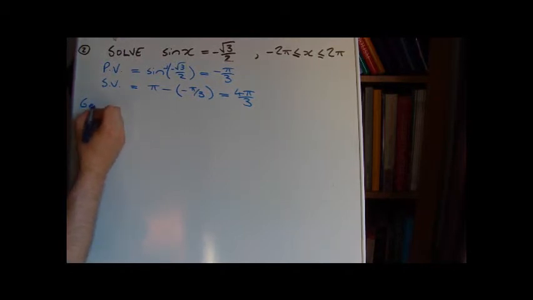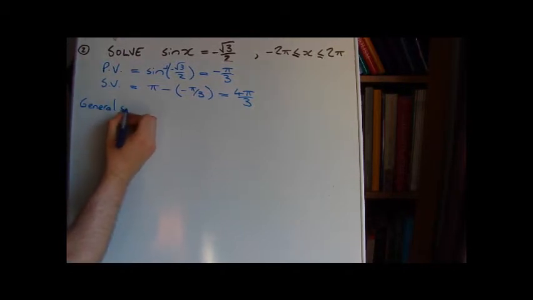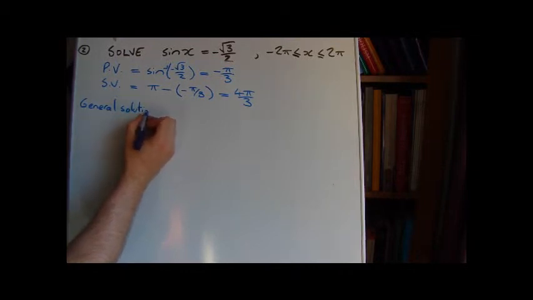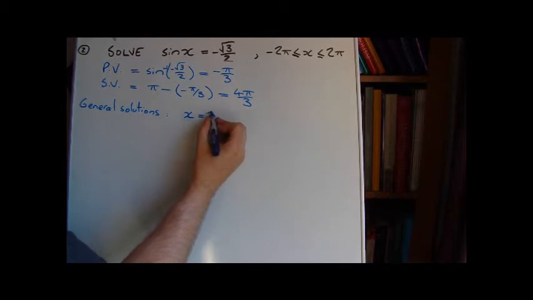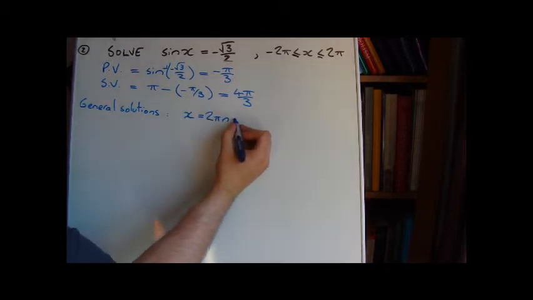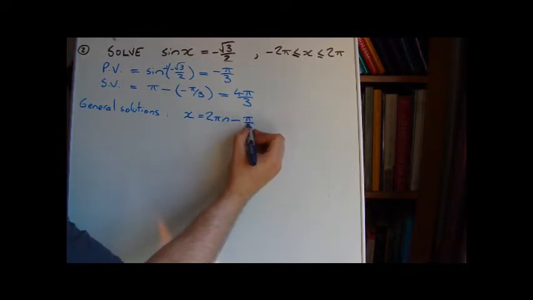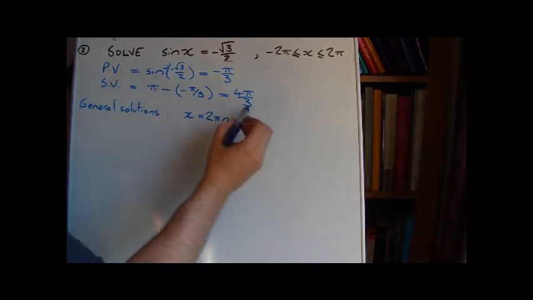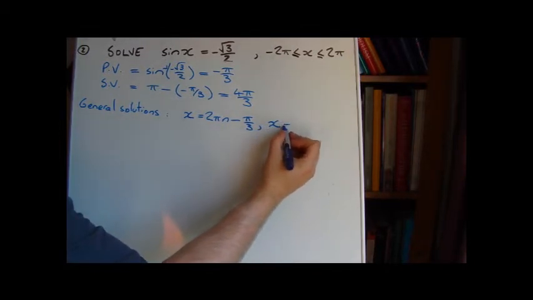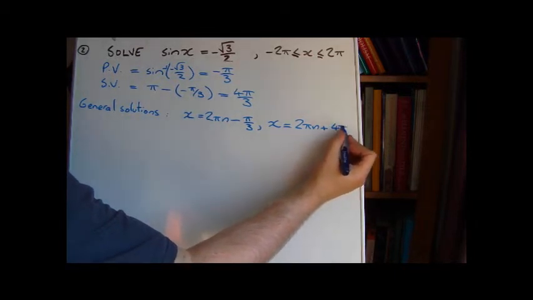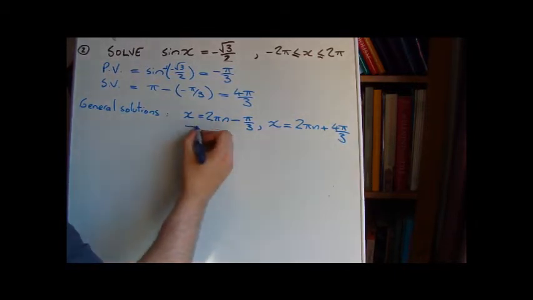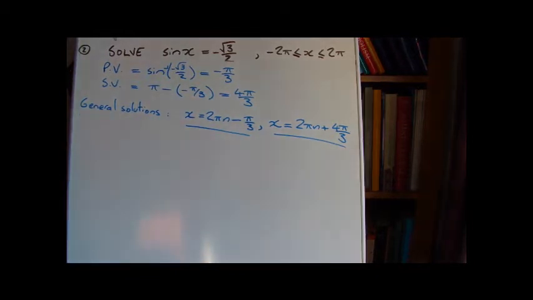We'll need the general solution. There are two formulas for the sine function. In radians there are 2 pi n, and it's plus the principal value, but it's negative, so it's minus pi over 3. And we use the secondary value, so the other one will be 2 pi n plus 4 pi over 3. These two formulas will give us all of the solutions we need.